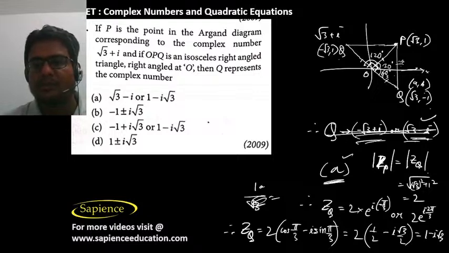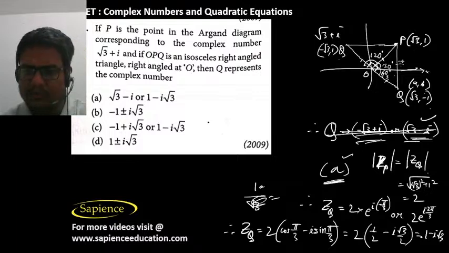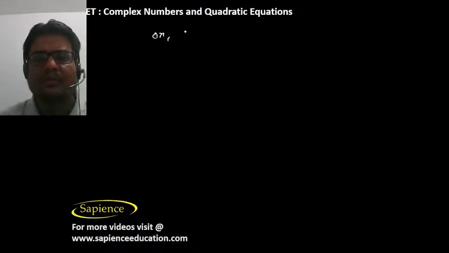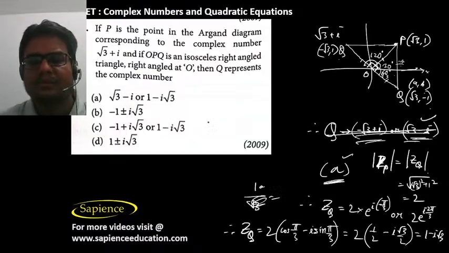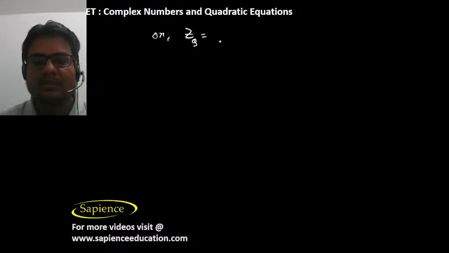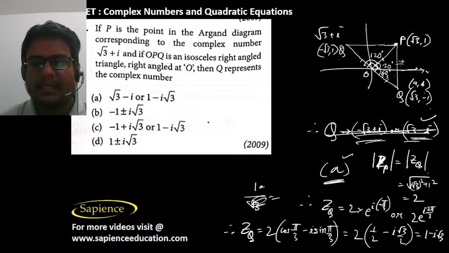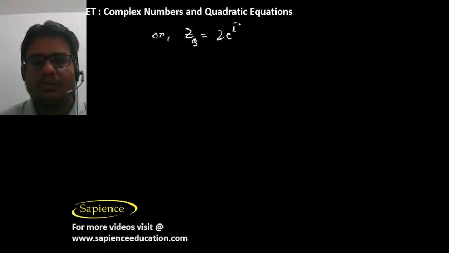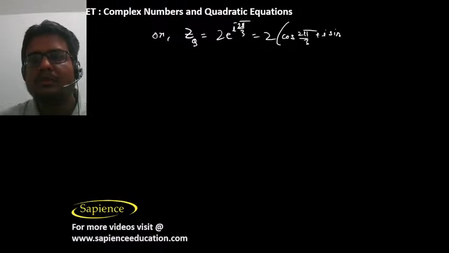So that it can be 1 minus I root 3. So this is wrong actually. So this can be 1 minus I root 3, or ZQ, that can be 2 e power I 2 pi by 3, which is 2 into cos 2 pi by 3 plus I sin 2 pi by 3.